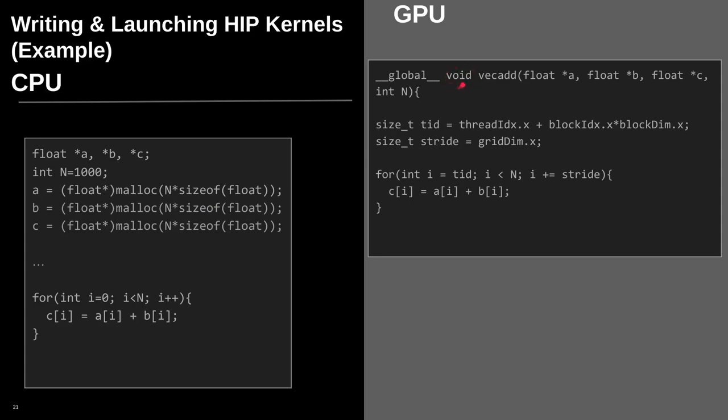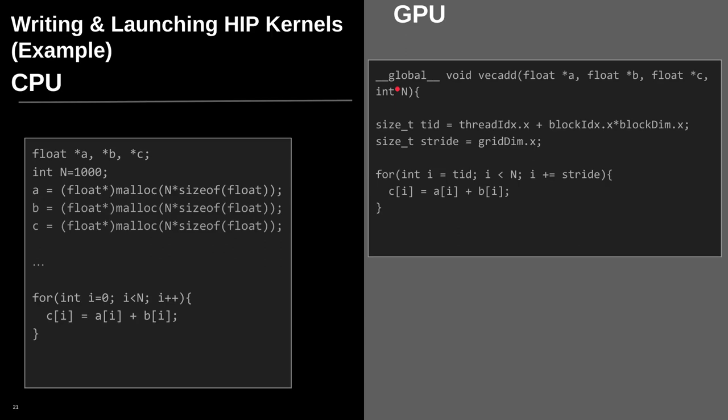It's a void. Every GPU kernel is going to be a void type. You'll give it a name. Here we'll call it vec_add. And then our input arguments are A, B, and C. And of course these are expected to be pointers that are on the GPU.